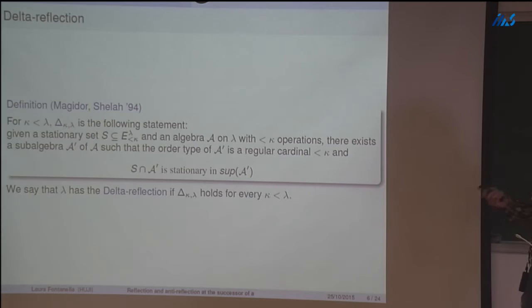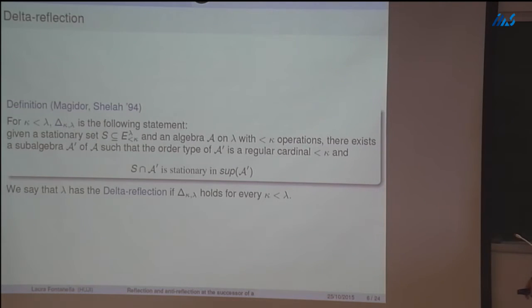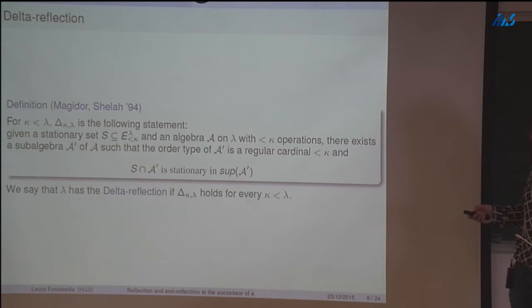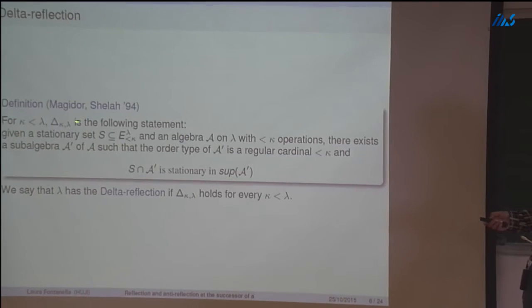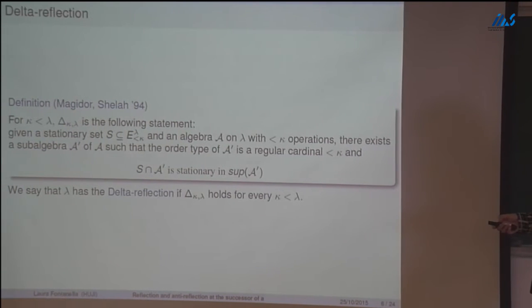Okay, so what next? The result that I would like to present is about a strong version of the reflection of stationary sets, a much stronger version that we call delta reflection, and this appeared in a paper by Magidor and Shelah as a two-cardinal principle denoted delta kappa lambda, where kappa is less than lambda.